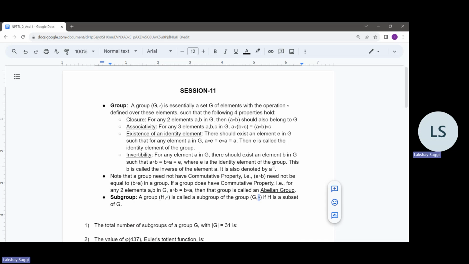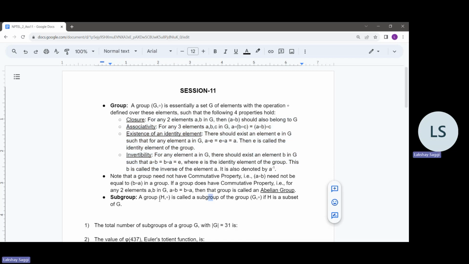So a group H,∘, where H is a set of elements, is a subgroup of the group G,∘ if H is a subset of G. G and H are just sets of elements and the operation ∘ remains the same. We define the same operation over these elements. And if a subset of those elements also follows these four properties, then that is called a subgroup.